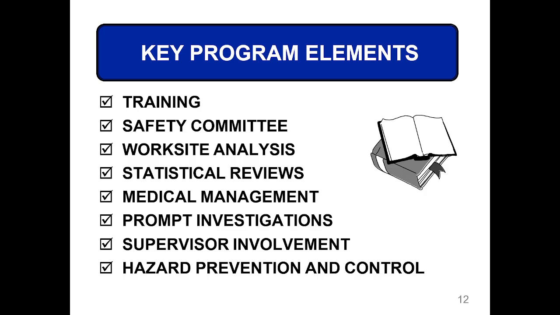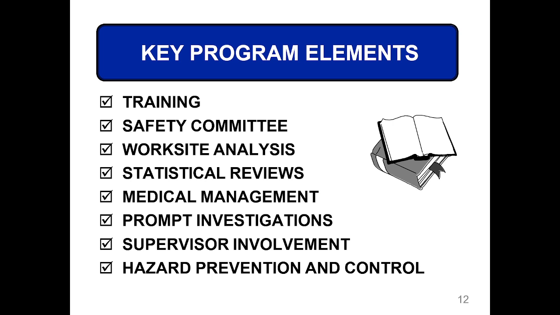What are the key program elements? That's the accident investigation program elements. One, training. Employees, their supervisors, their managers, all have to be trained in accident investigation so that everyone understands their role. Then safety committee.